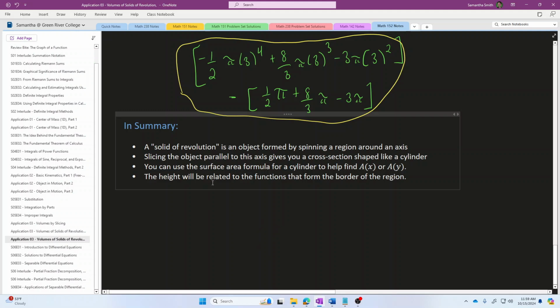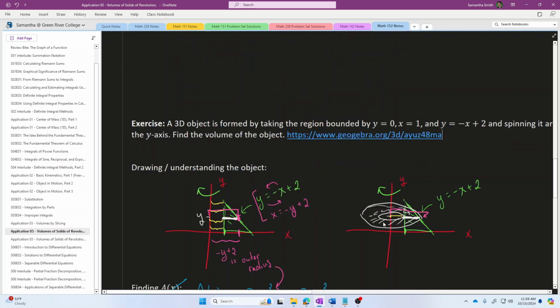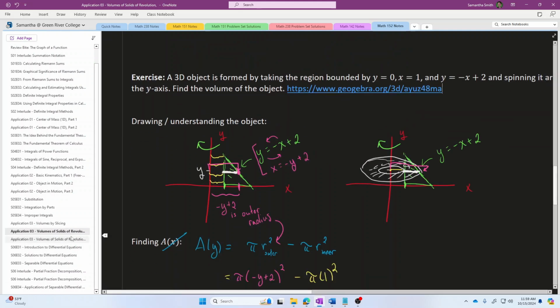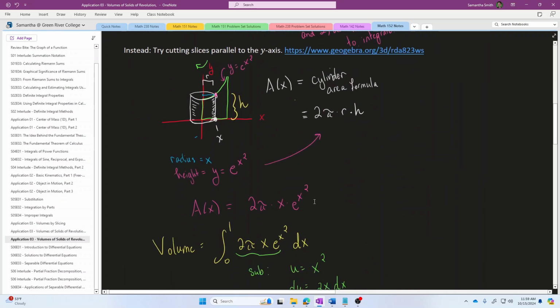Depending on which you decide to do, the cross-section corresponding to that slice is either going to be shaped like a disc or a ring, or the slice is going to be shaped like a cylinder.